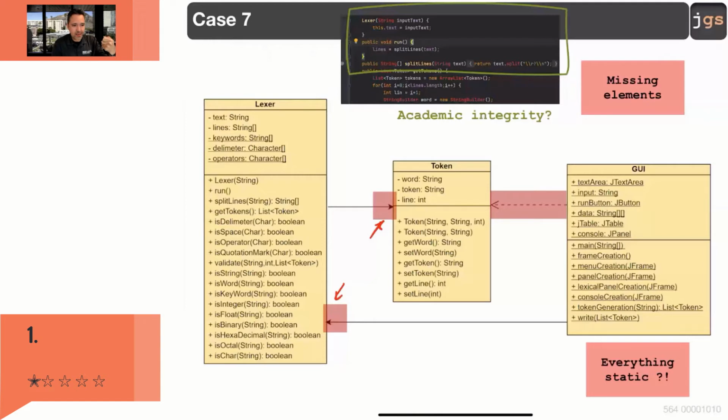Let me mention this again. If you're going to do a class diagram, use the correct tool. If you're going to do a class diagram and you're going to use PowerPoint or Word or whatever, I don't know, maybe you can add something to represent this, or even print this and draw it with a pen or pencil, and then scan it again.